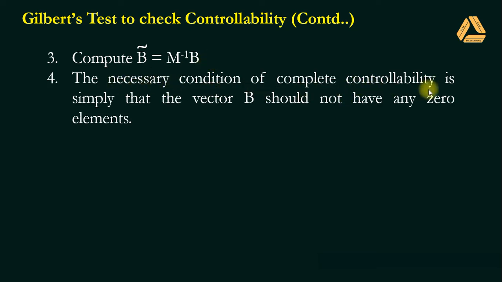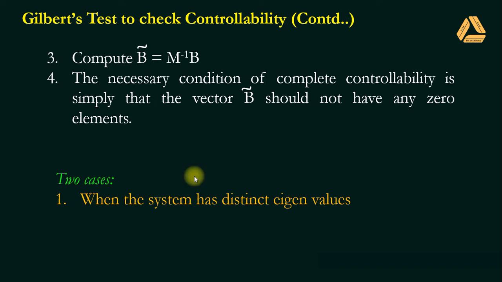The necessary condition of complete controllability is simply that the vector B should not have any zero elements. If this vector does not contain any zero elements, then the system is completely controllable. We'll solve one example so that you can have a better idea.